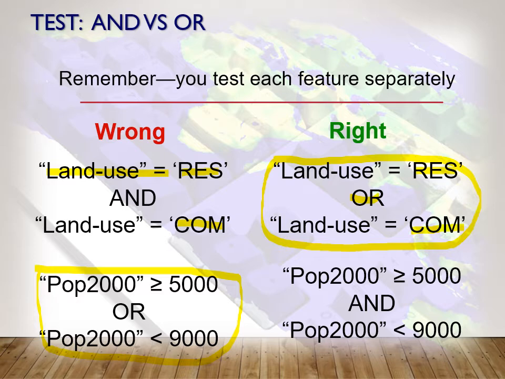If you want to restrict your data so that it's either greater than or equal to 5000, but also less than 9000, you must use an AND, because both of these must be true. Basically, this operation down here will yield values 5,000 to 8,999.